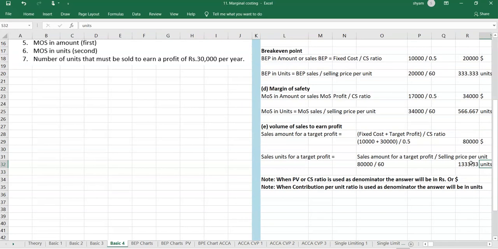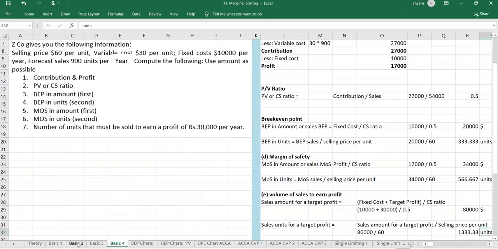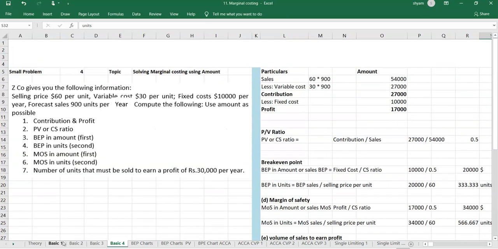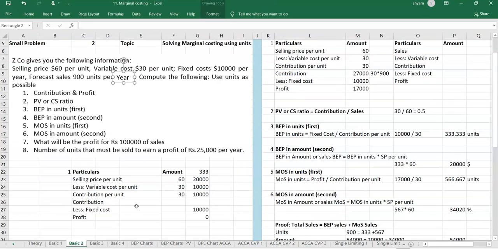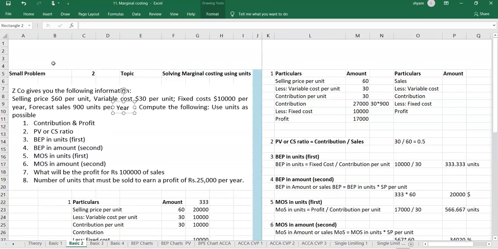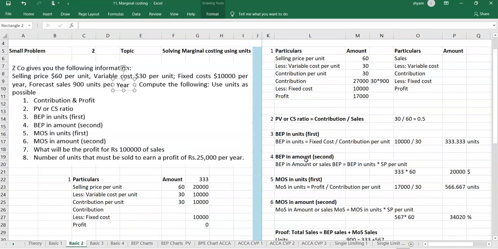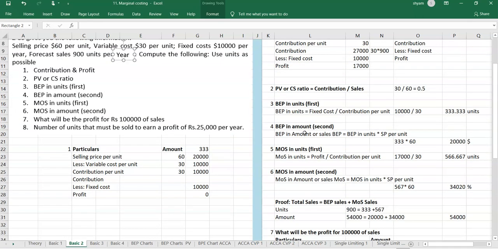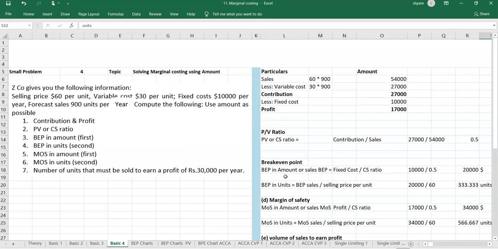So why did we do two sums which have the same answers? The second sum is about working out first in units, then in amount. This fourth sum is about finding first in amount, then finding it in units.